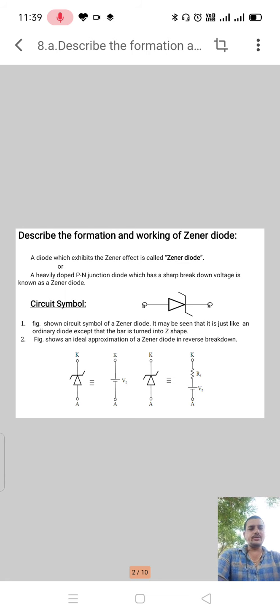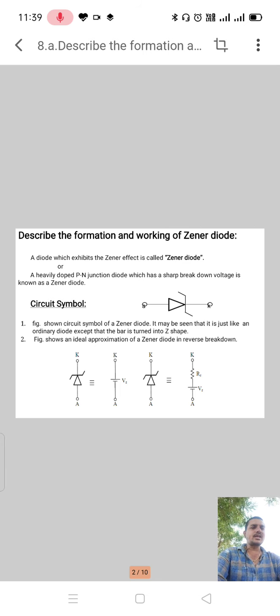1N746 diode. First one, Zener voltage 3.3 volts. Tolerance range of Zener voltage plus 5% to plus 10%. Test current IZT equals 20 milliamps.